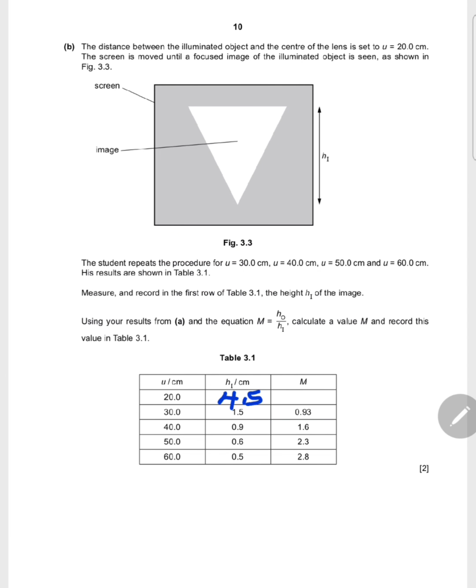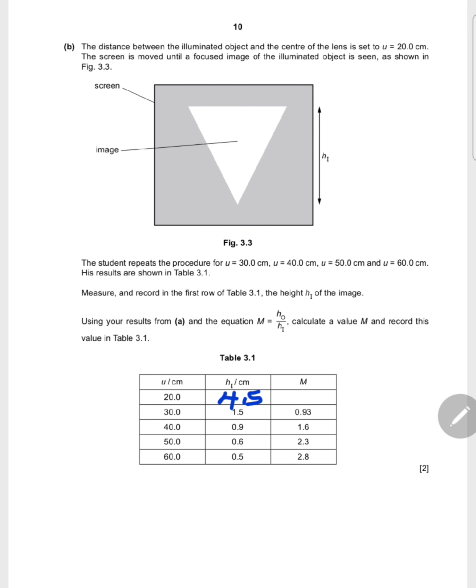And then part B says the distance between the illuminated object and the center of the lens is set to u is equal to 20 centimeters. The screen is moved until a focused image of the illuminated object is seen, as shown in figure 3.3. The student repeats the procedure for u is equal to 30 centimeters, 40 centimeters, 50 centimeters, and 60 centimeters.